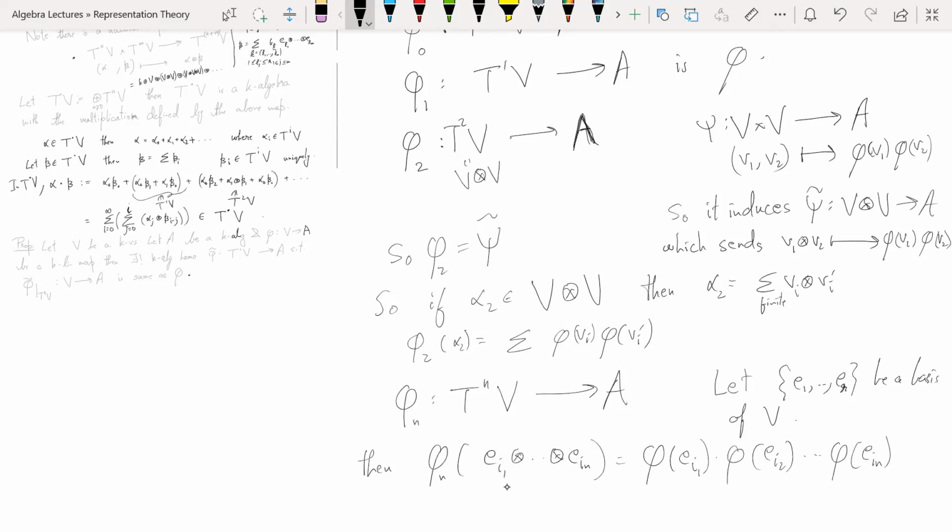So once I tell you what happens to the basis vector, you know what the map is. You just extend it linearly.